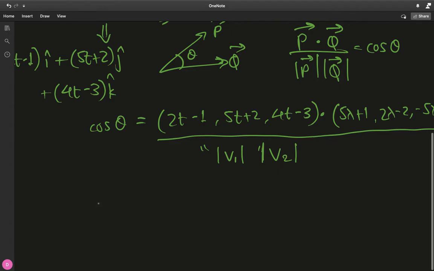So I urge you to only look at the number that's multiplied with the parameters.